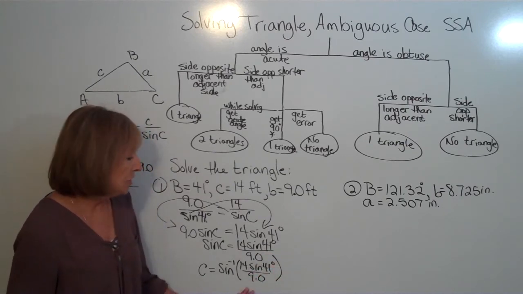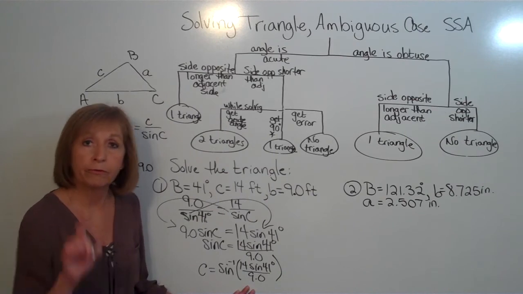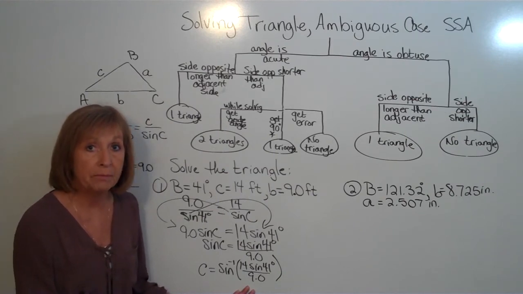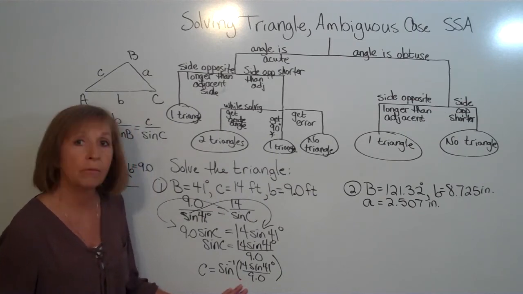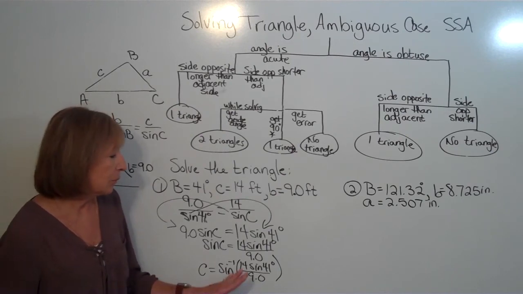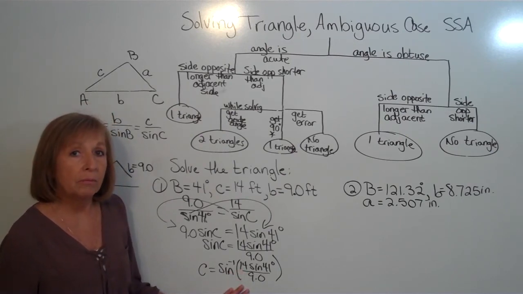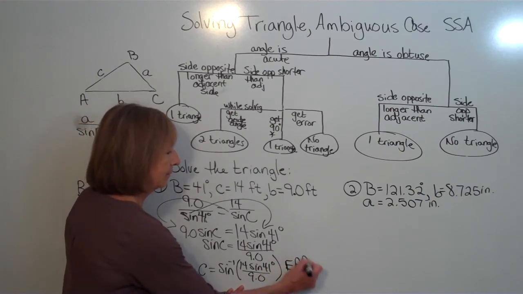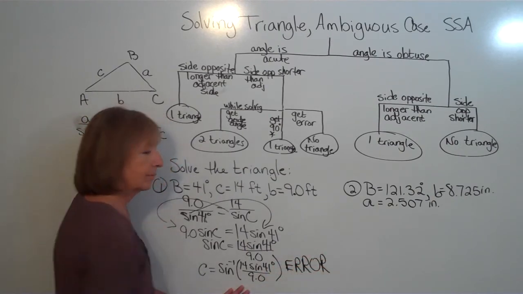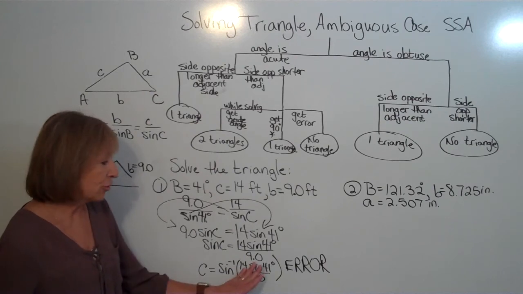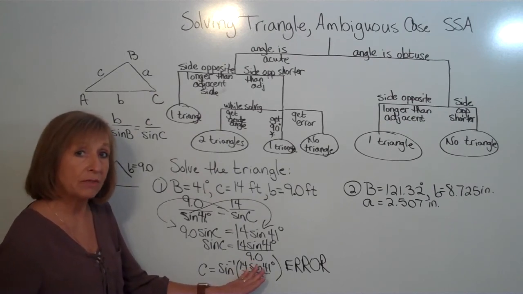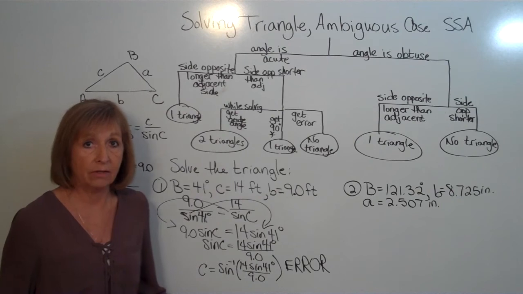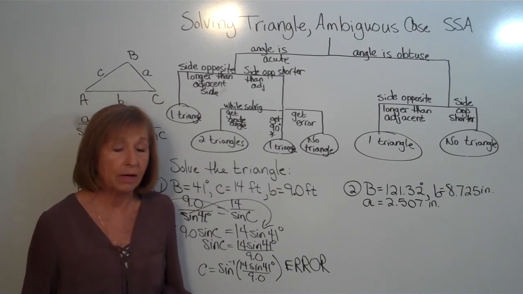But when you calculate this through, first of all, make sure you're in degree mode. You want to make sure that you're in the mode that you need for the question. But when you key this through and you're in degree mode, you're going to see an error. Because actually this ratio comes out to be a value that's bigger than 1, and there's no angle that has a sine ratio greater than 1.